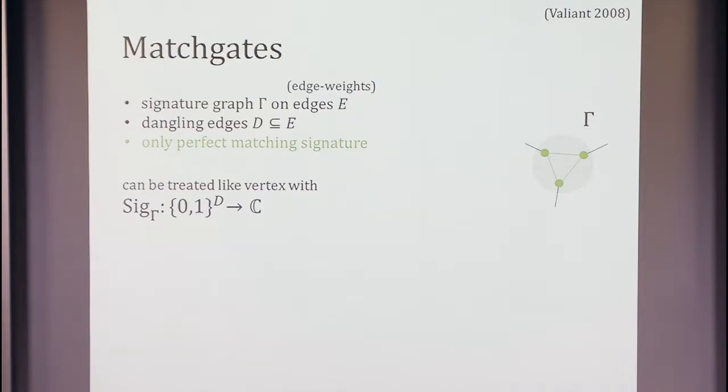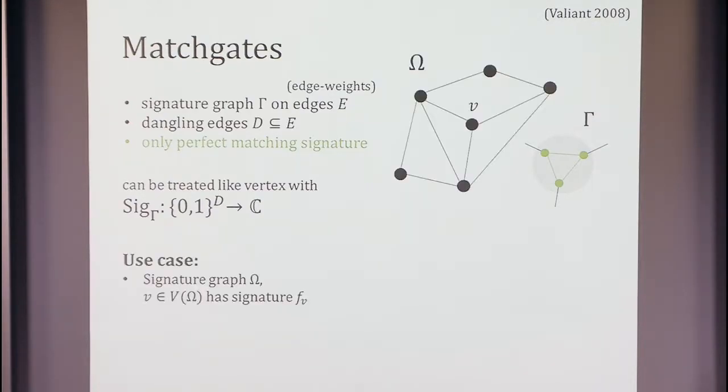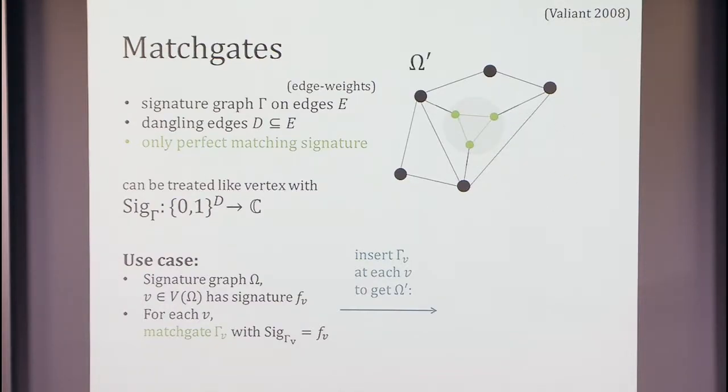And then the use case for Matchgates that we will usually be working with is that you have a signature graph omega, and each vertex v in that signature graph has some signature f_v. And for each vertex you also have a matchgate gamma_v, which has exactly that signature. Then you can insert this matchgate at all vertices to get some other signature graph omega prime. So I'll show this in this animation.